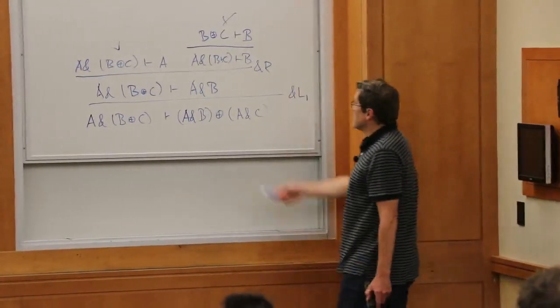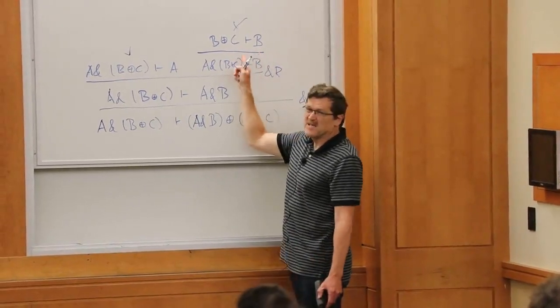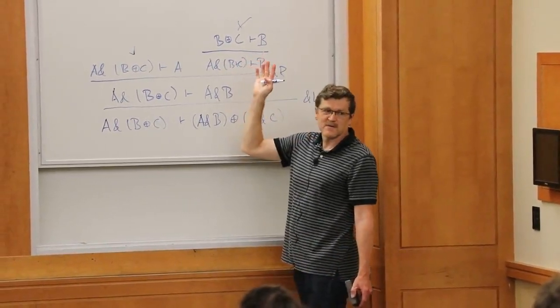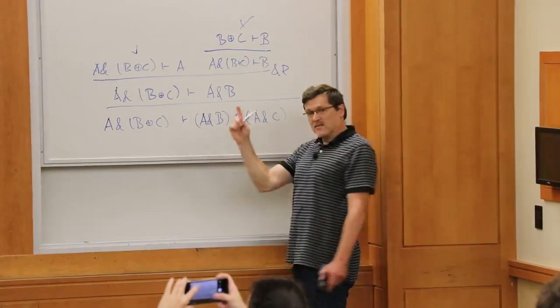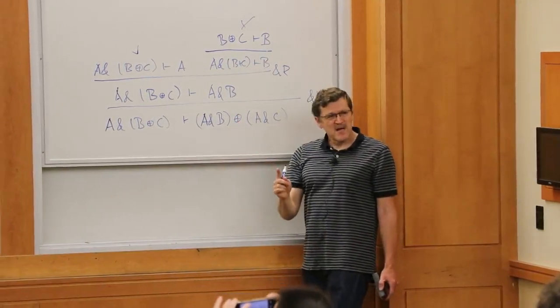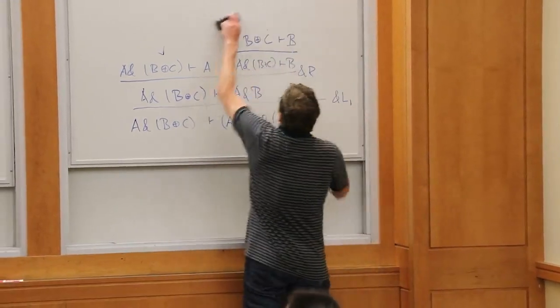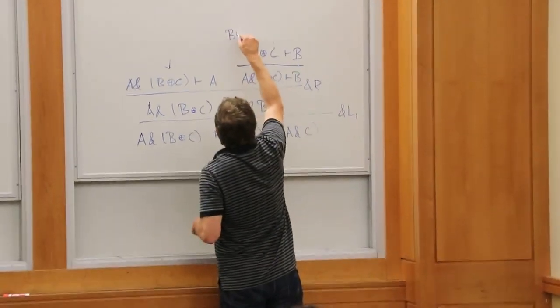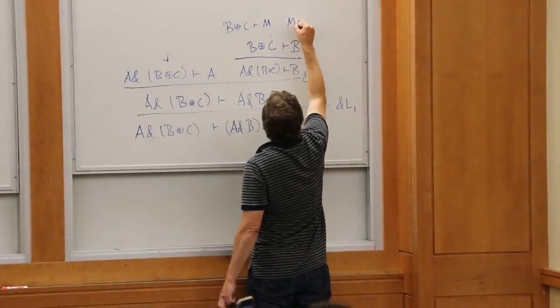I mean, we can apply the or left rule, and in one case B proves B, in the other case C proves B. Well, C proves B is unlikely to be true for arbitrary B and C. Okay, but we always have cut. Maybe we just couldn't find the right lemma. Maybe we're just stupid, and maybe the right way to prove it is B plus C proves some magic lemma, and then magic implies B.